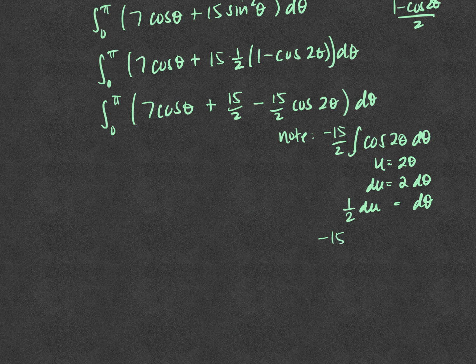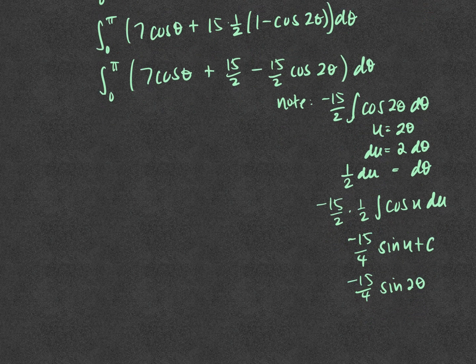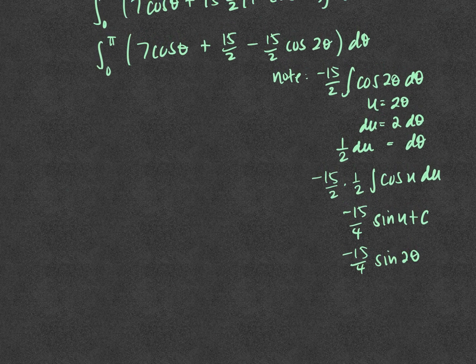So I have negative 15 over 2 times 1/2 the integral of cosine of u du. I put my 1/2 out front, so we're good. So we have negative 15 over 4 times the integral of cosine of u, which is sine of u, plus c. So I have negative 15 over 4 sine of 2 theta. So I'm going to bring these down.